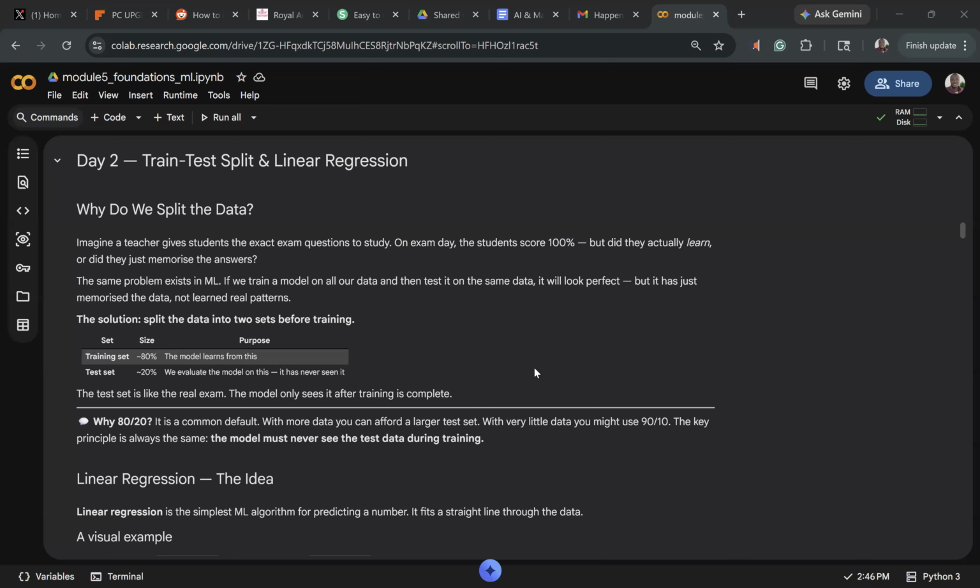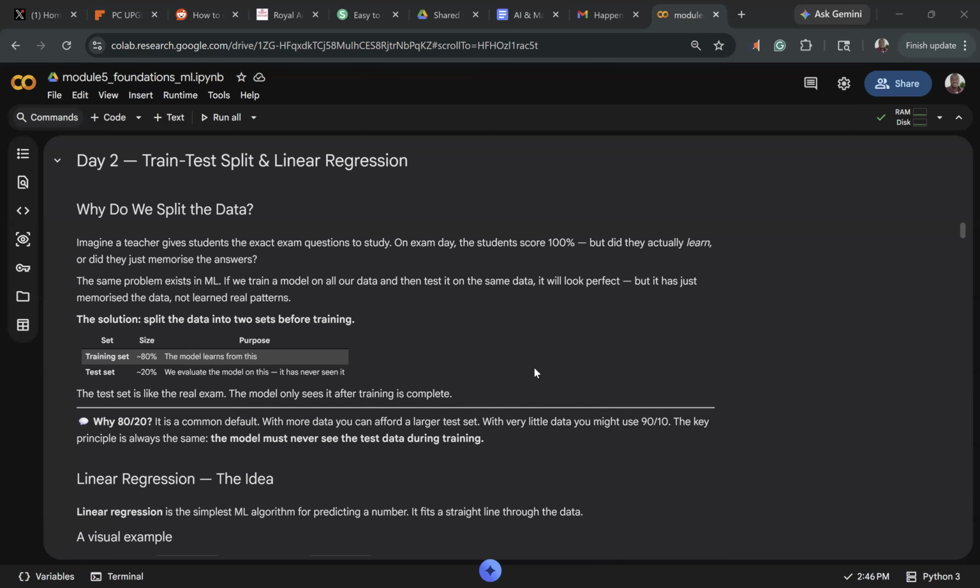Most of the time, what comes out in the test is similar to what you were taught in class, but it's not the same thing. It's a little bit different, just to check your knowledge of the pattern that the teacher is trying to teach you. So this is just an analogy of what train test split means.